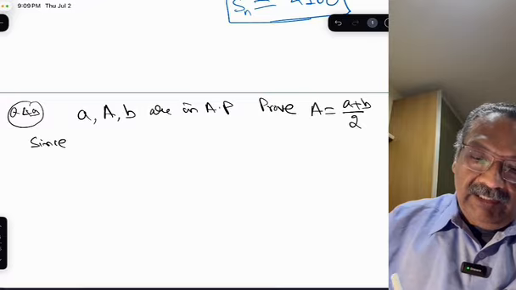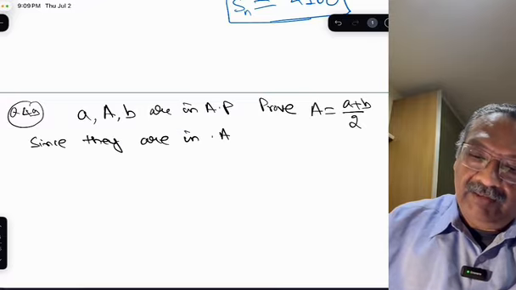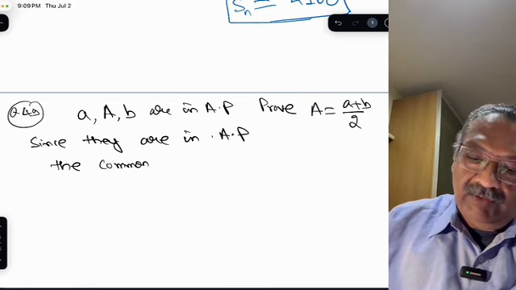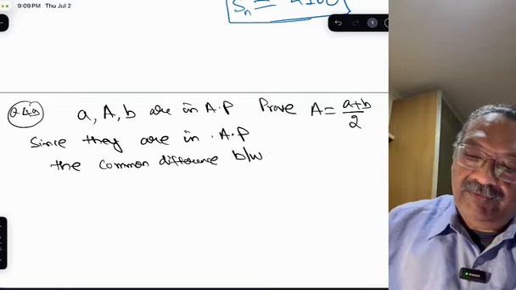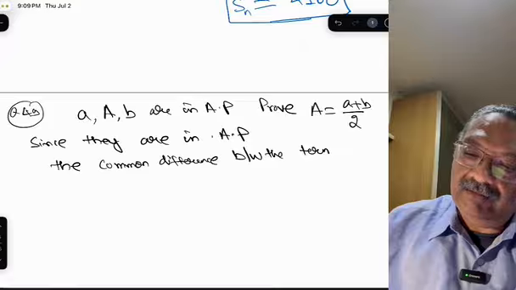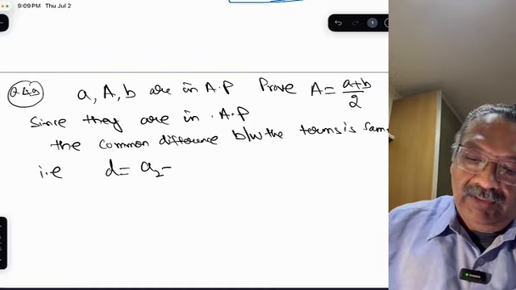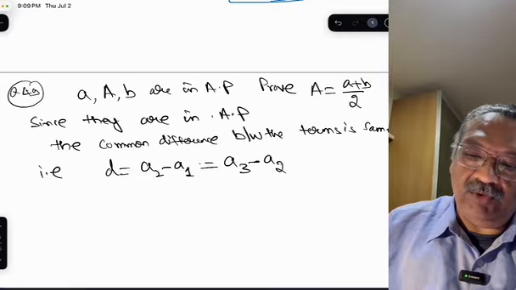Since they are in AP, the common difference between the terms is the same. That is, d is equal to a2 minus a1, which is equal to a3 minus a2.